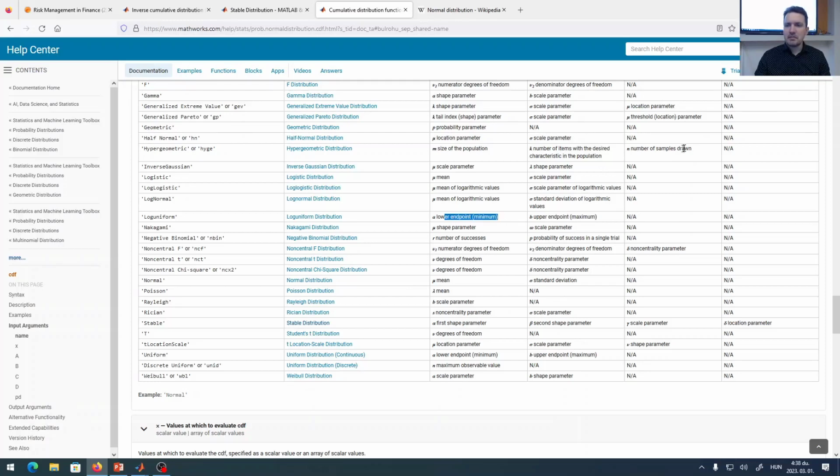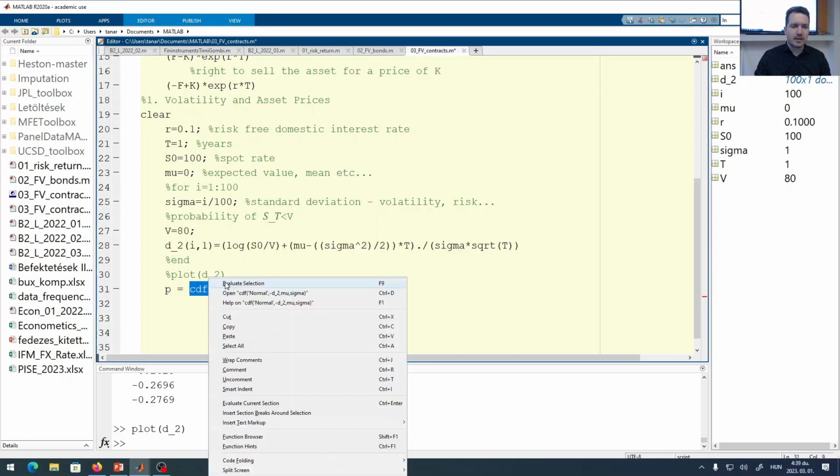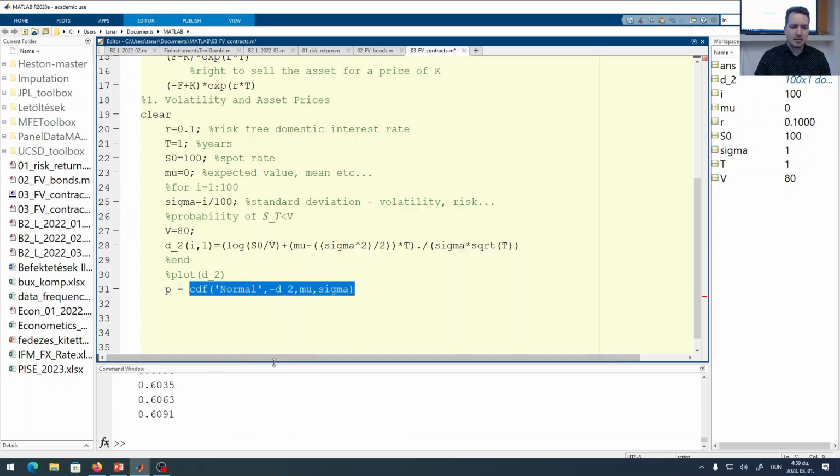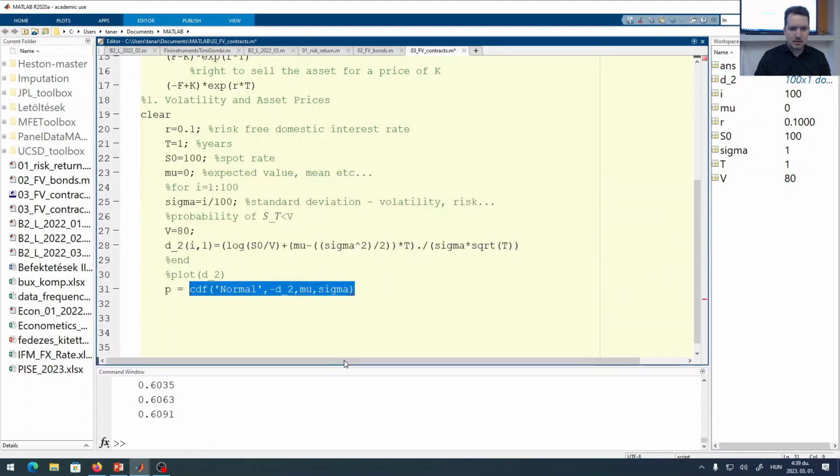So if we need a third parameter, then we just add a comma and type it here, so it's behaving in a nice way. And the x will be minus d2. So hopefully, oh, it provided everything.